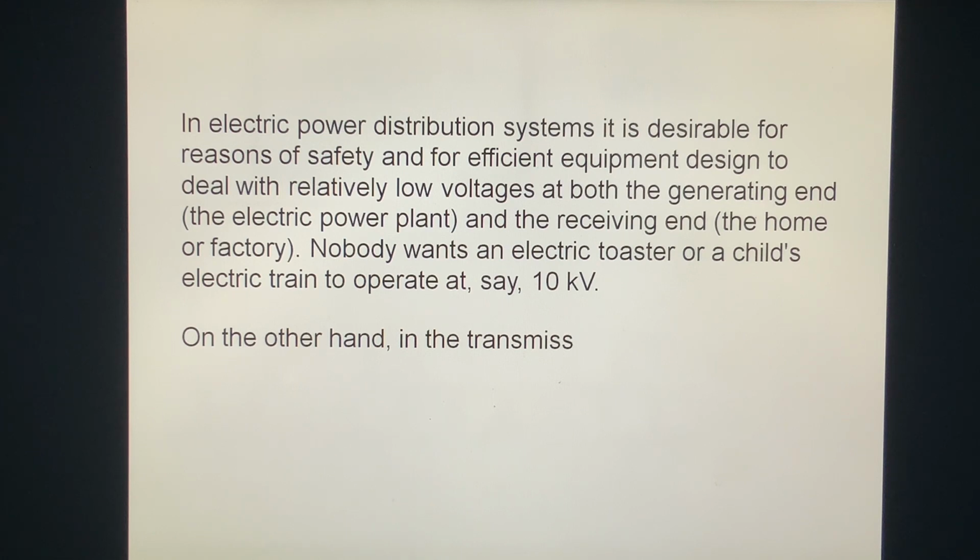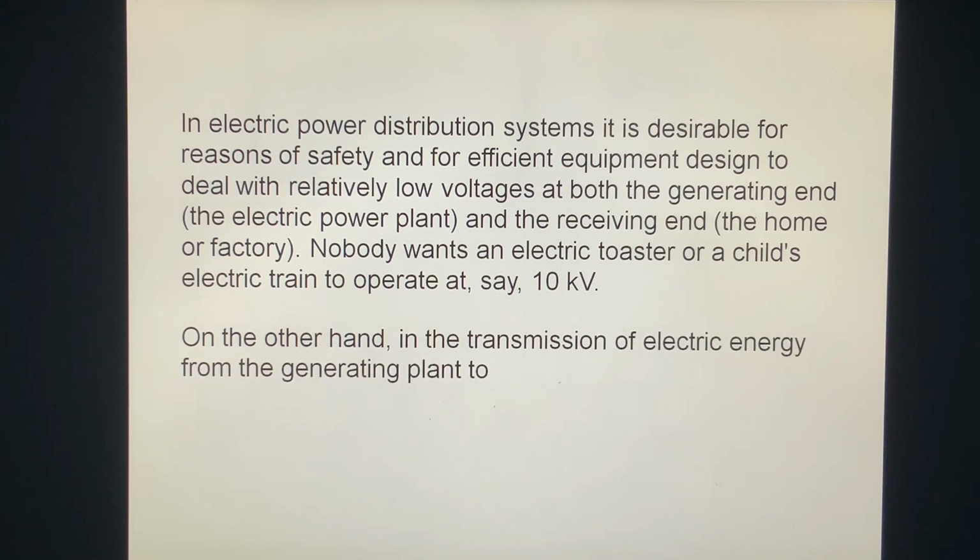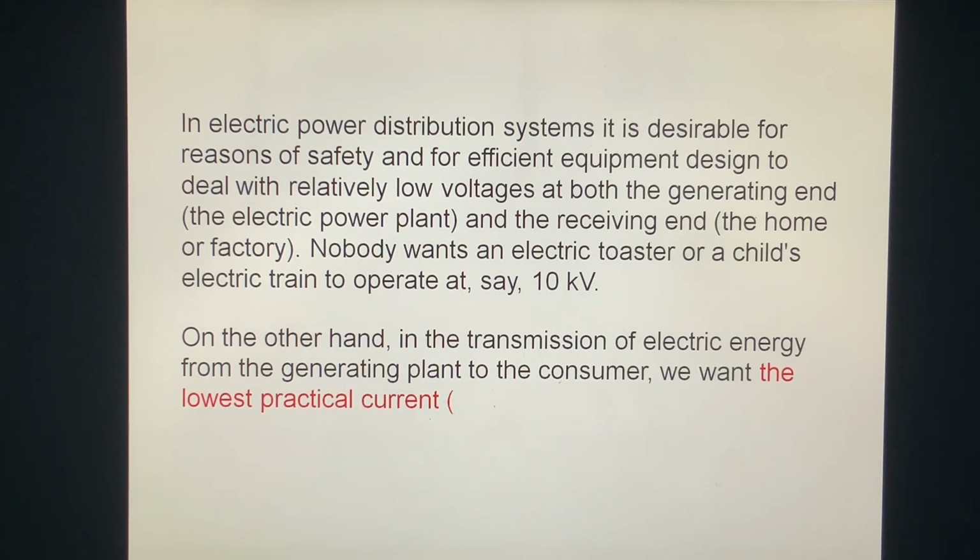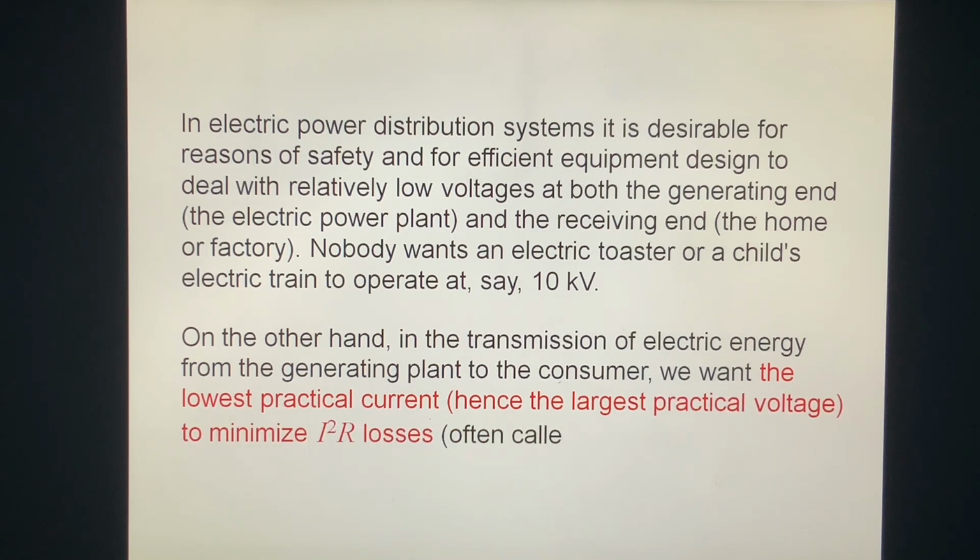On the other hand, in the transmission of electric energy from the generating plant to the customer, we want the lowest practical current, hence the largest practical voltage, to minimize I squared R losses, often called ohmic losses, in the transmission line.